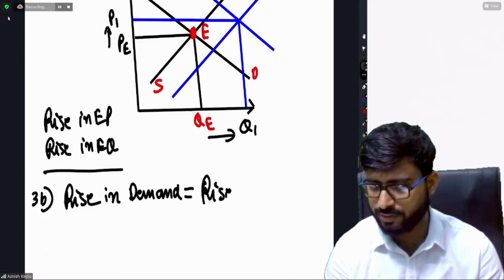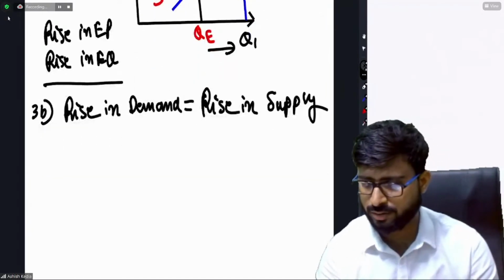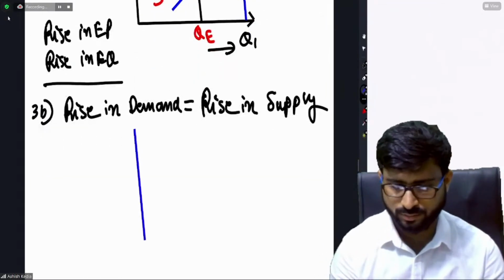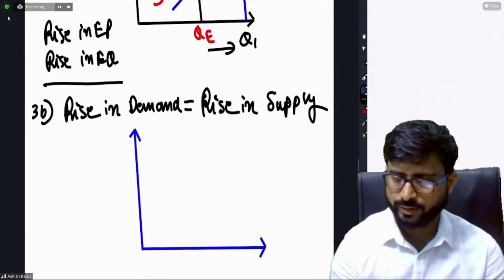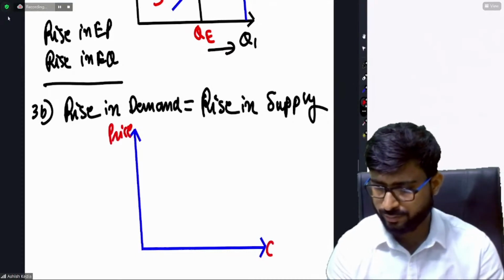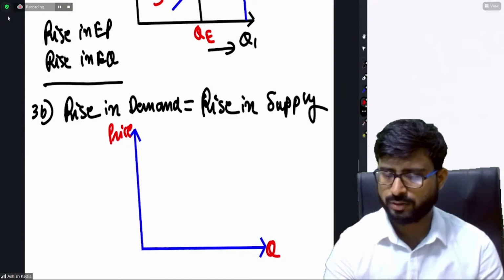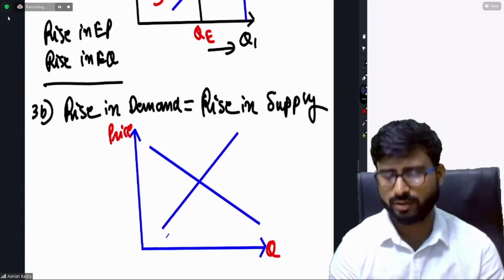Where rise in demand is equal to rise in supply. This is price. This is quantity. See, this is demand. This is supply.